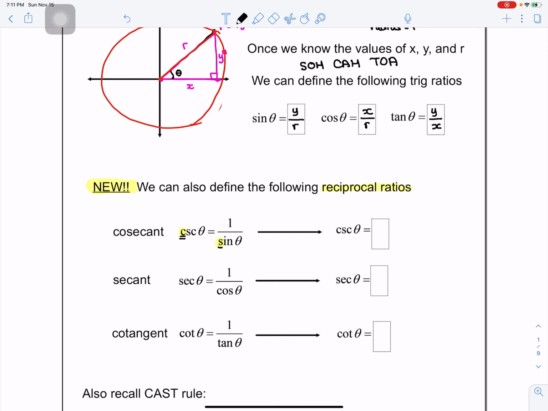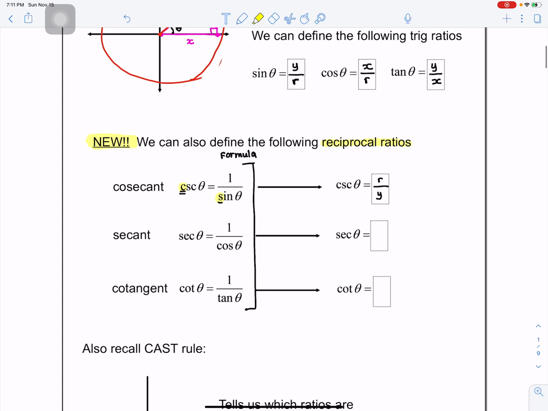Cosecant can't go with cosine because you would have two C's and you need to have a C and an S. But the nice thing is this column is on your formula sheet, and it reminds you about which one goes with what. So my cosecant is my reciprocal of sine, so if I take the reciprocal of y over r, I get r over y.